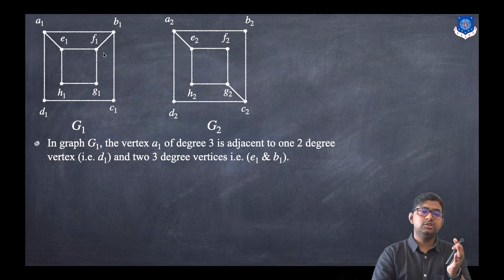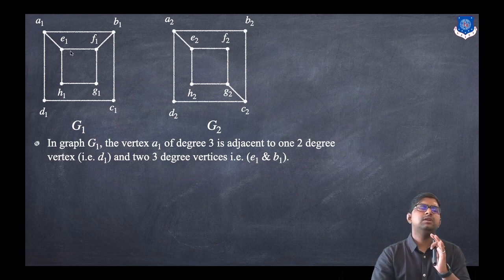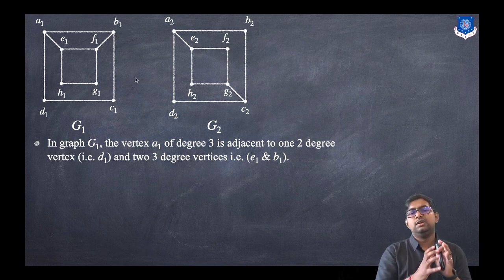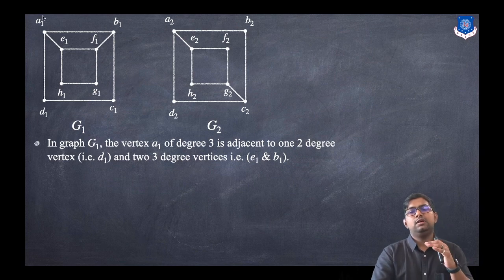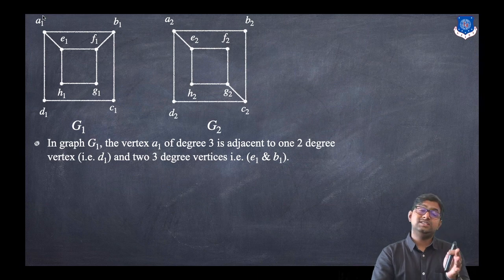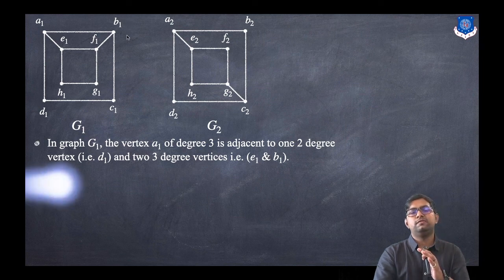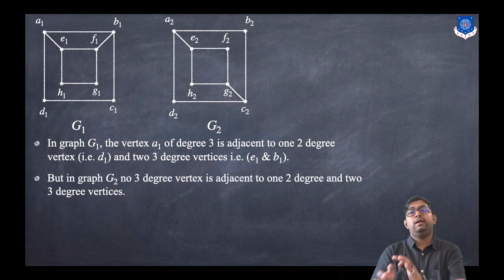So it is adjacent to one vertex of degree 2, that is D1, and two vertices of degree 3, that is B1 and E1. Again, the vertex A1 is of degree 3, adjacent to one degree-2 vertex and two degree-3 vertices. This type of scenario has to be there in the second graph.